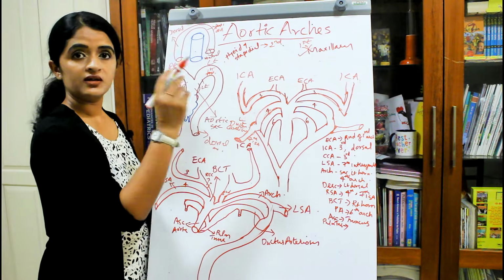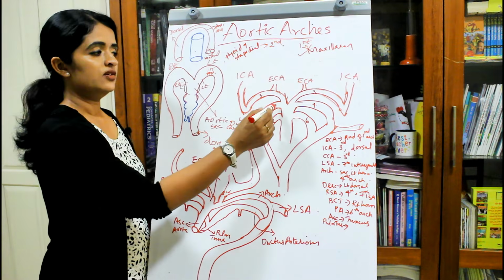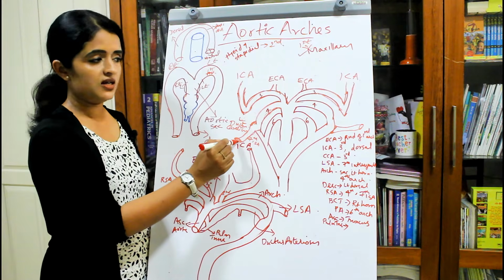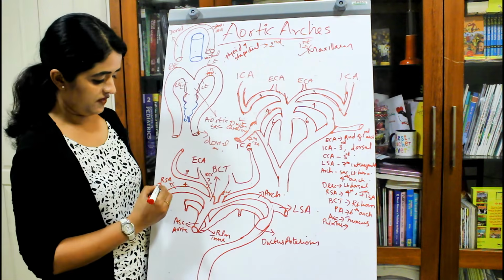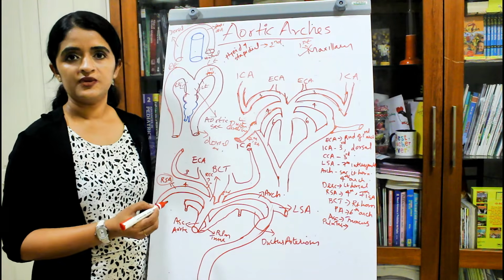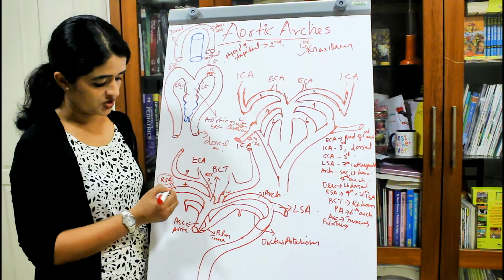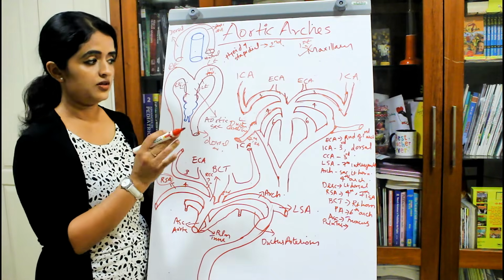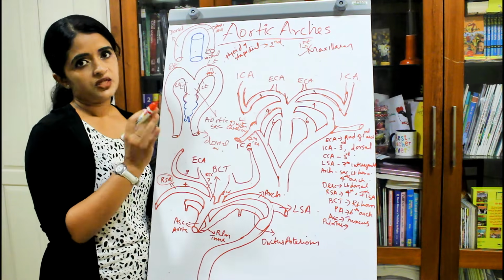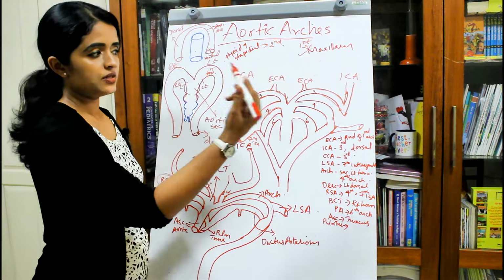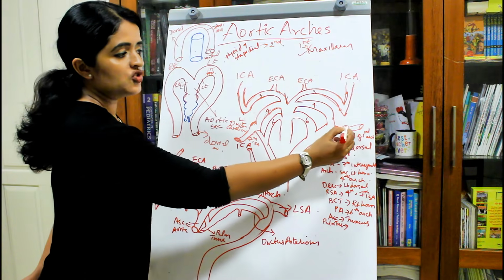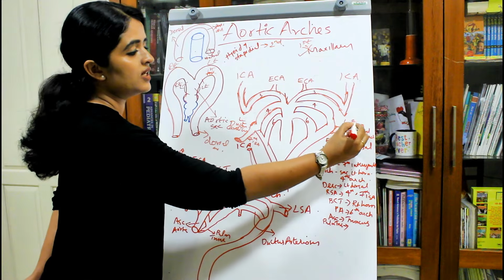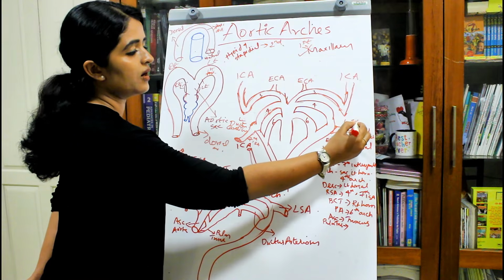On the right side, the fourth arch along with the seventh intersegmental artery are giving rise to the right subclavian artery. But on the left side, just this seventh intersegmental artery is forming the left subclavian artery.